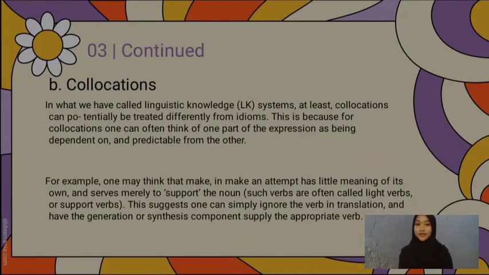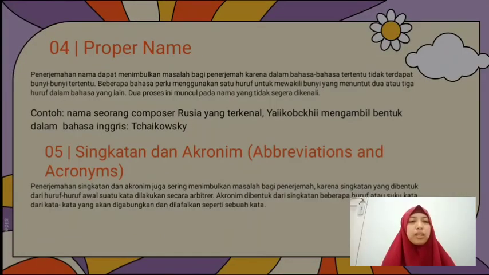For example, one may think that make an attempt has little meaning of its own and serves merely to support the noun. Such verbs are often called light verbs or support verbs. This suggests one can simply ignore the verb in translation and have the generation or synthesis component supply the appropriate verb.